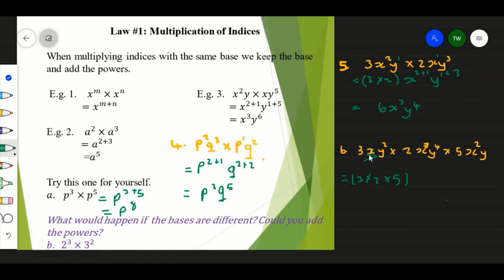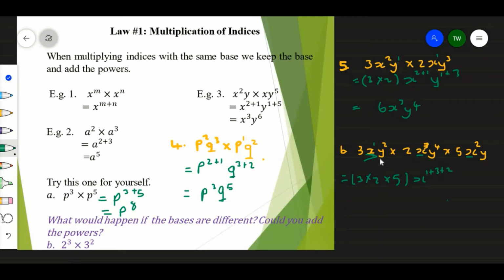Then we're going to focus on the x's, right? So the x term. So x is the base here. Remember that x by itself here means x to the 1. So all we're going to do is keep our base of x, and we're simply going to add the index, which is going to be 1 plus 3 plus 2.